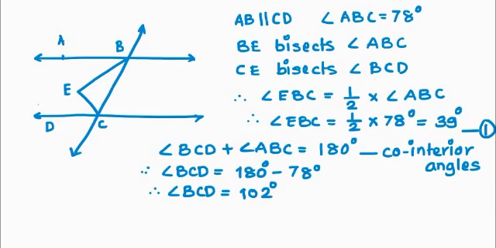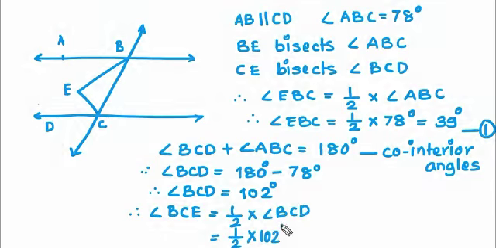Now we know angle BCE is half of angle BCD because this CE is again bisecting, which is equal to 51 degrees.